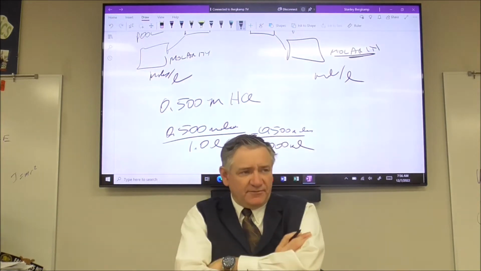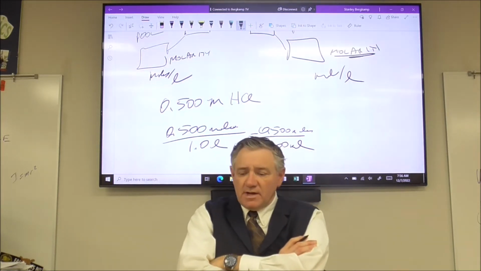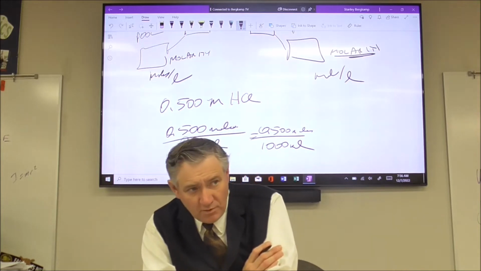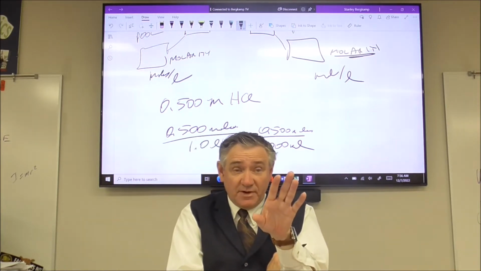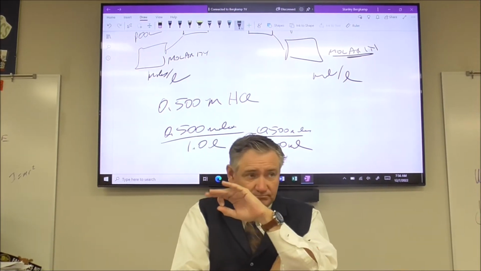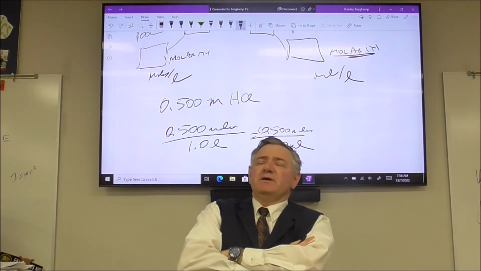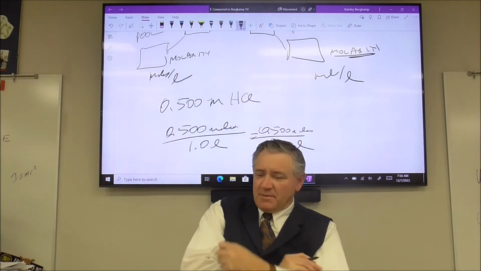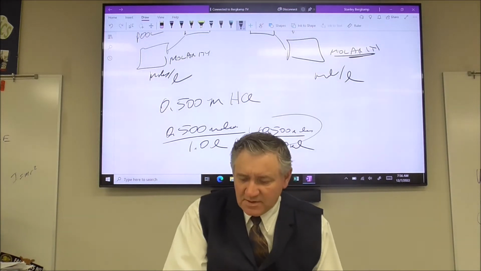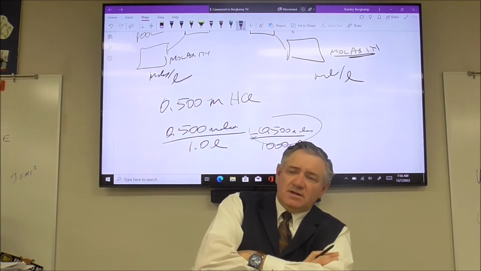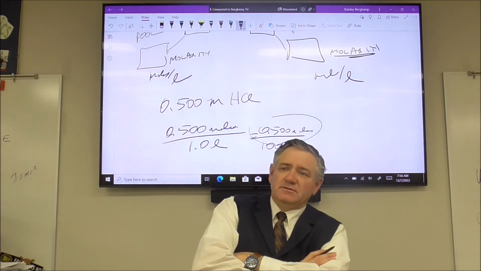Now, think this through. I'm only going to measure out 25 milliliters. So am I going to have more than 0.5? I'm only measuring out 25 milliliters. Not very much. So, Emma, when I measure out this 25 milliliters, am I going to have more or less than 0.5 moles in those 25 milliliters? Less.